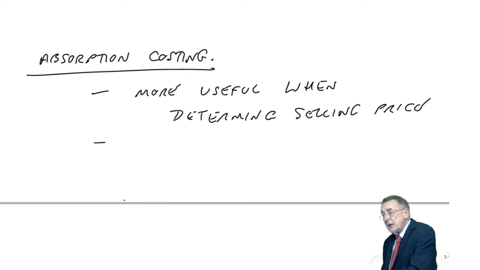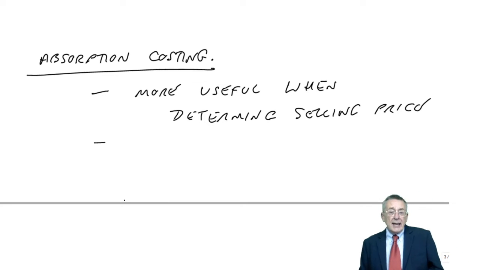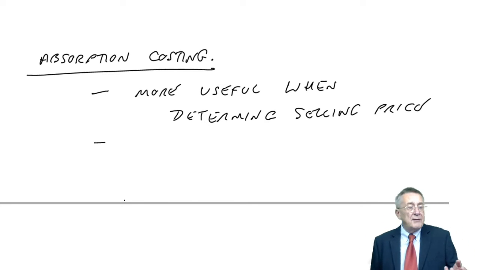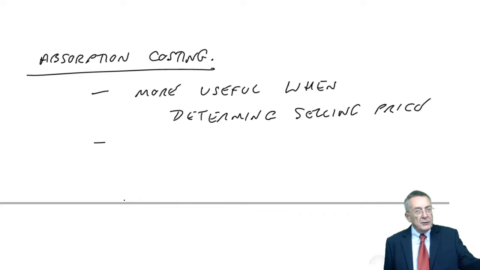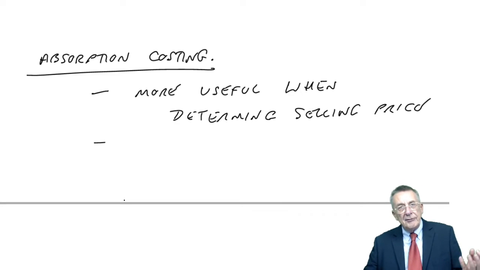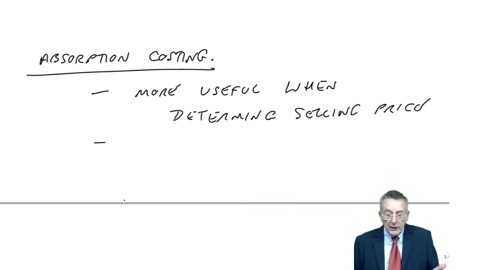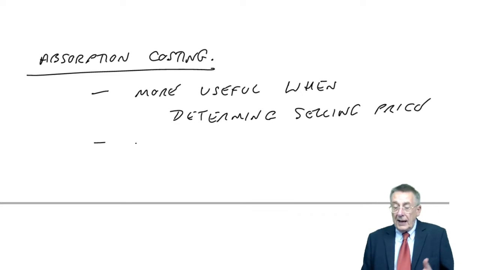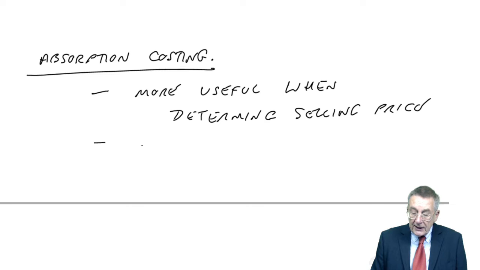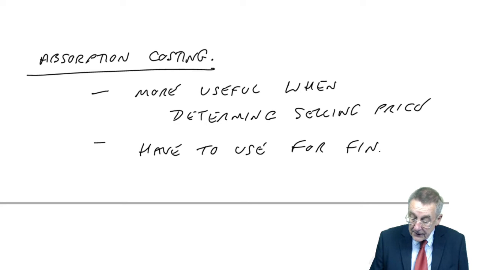Now, just because financial accounts will use absorption costing doesn't mean we have to in our management statements. But clearly, there can be times when it gets a bit confusing if we're valuing inventory one way in the financial accounts and differently in our management statements. Certainly we have to use absorption for the financial statements.